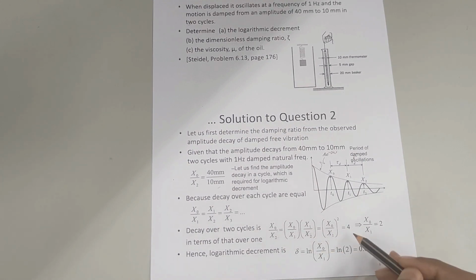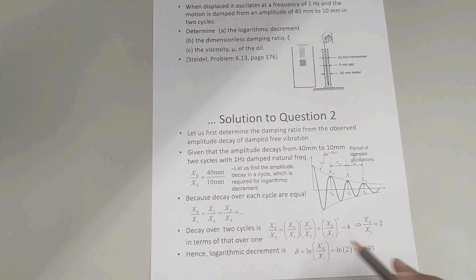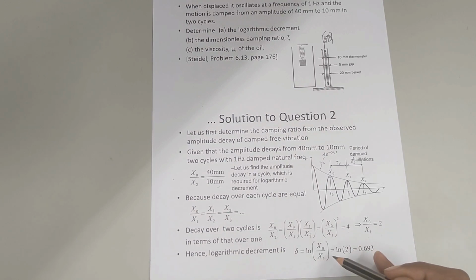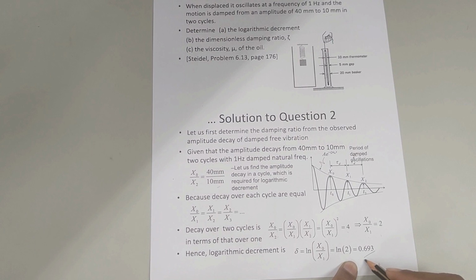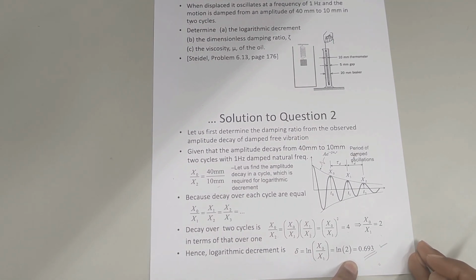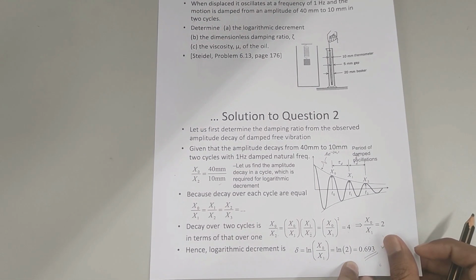We have x0 by x2 is 4, so x0 by x1 is equal to 2. So the logarithmic decrement delta is equal to ln of x0 by x1, ln of 2, which is equal to 0.693. This is the first thing that we had to calculate, the logarithmic decrement, which is 0.693.